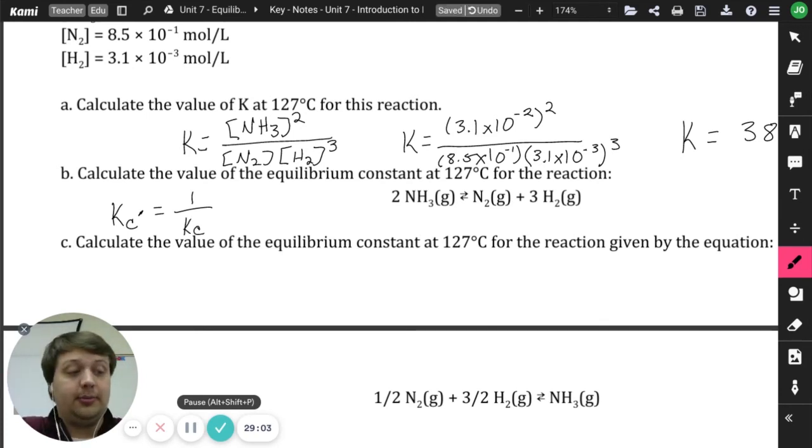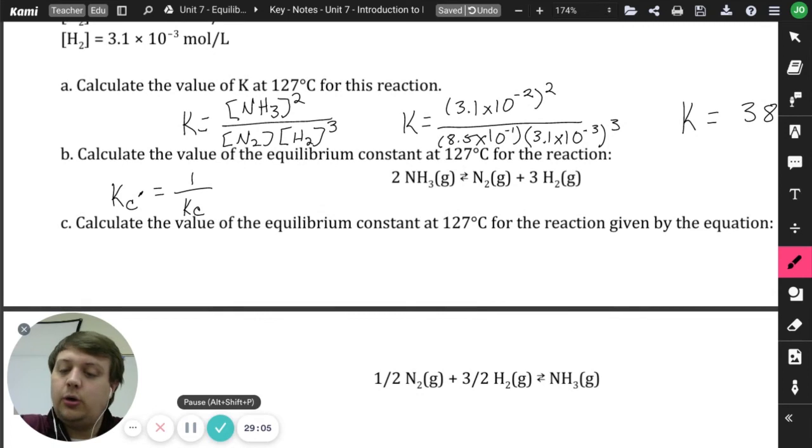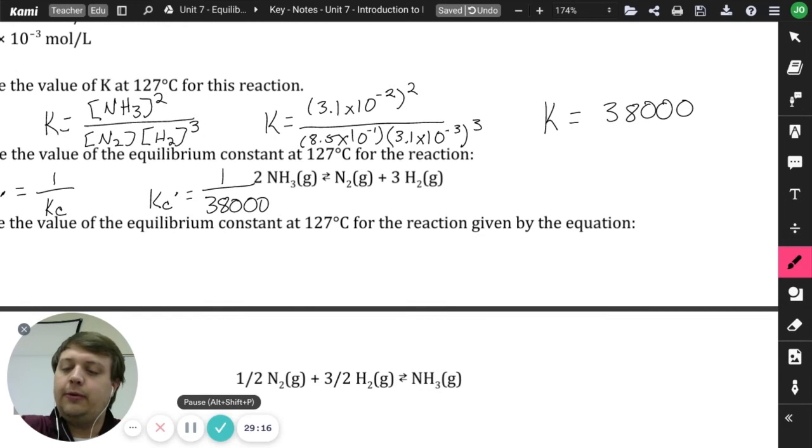So I could just plug in my numbers: Kc of my reverse equals 1 over 38,000, and I would find that my Kc of my reverse reaction equals 2.6 times 10 to the negative 5.